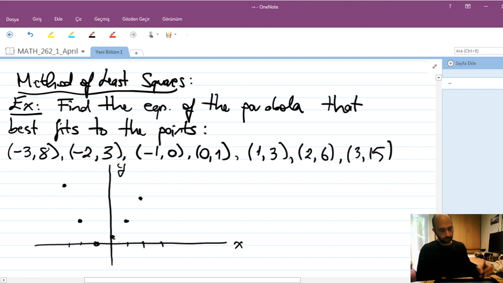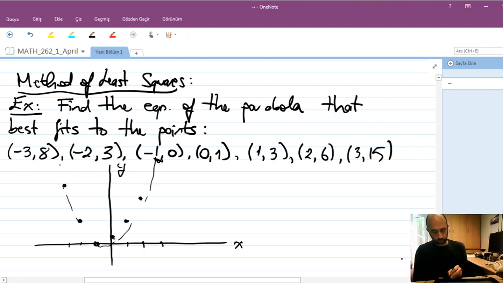And this point 3, 15 should be somewhere high. Maybe somewhere around here. Well, you want to fit a parabola to all of them. But in a moment, we'll see that there is no single parabola that fits all of these 7 points at once. That's too many points. So instead, you want to find the best choice in the sense to minimize an error, right? So that's the point. Okay, so how do we do that?